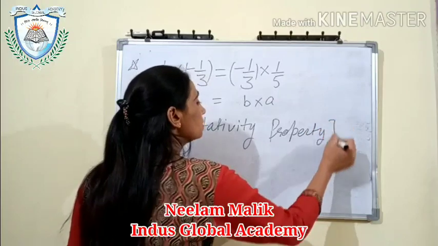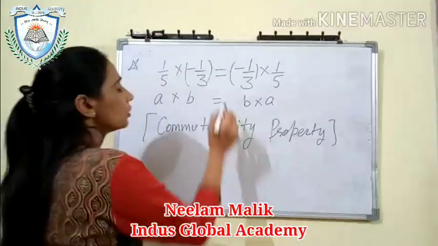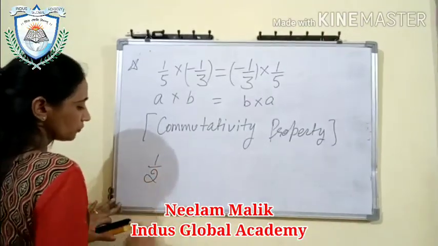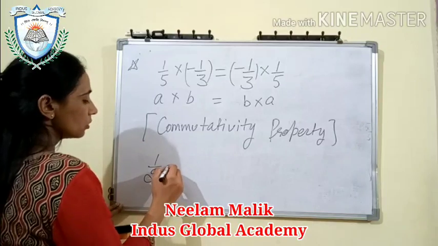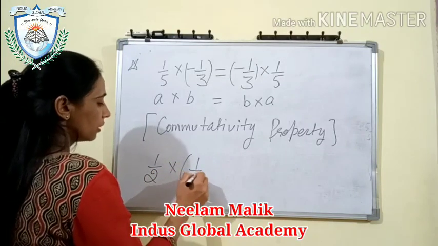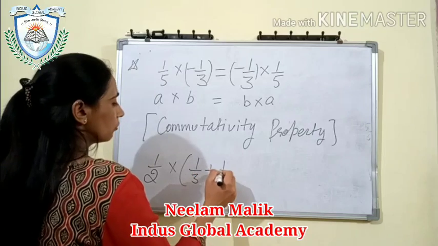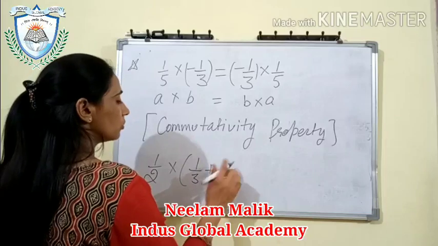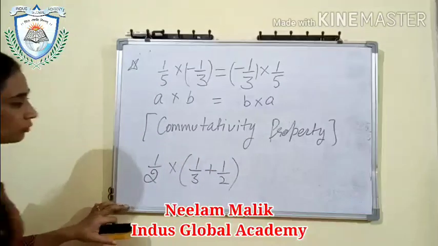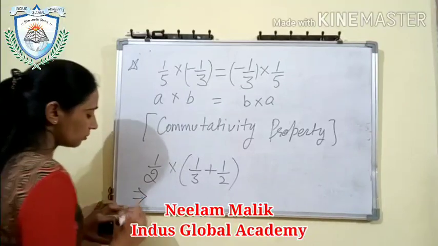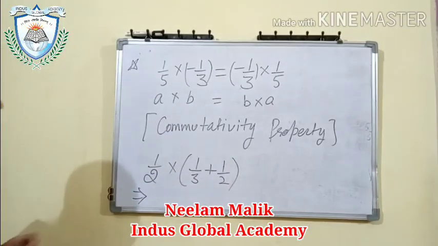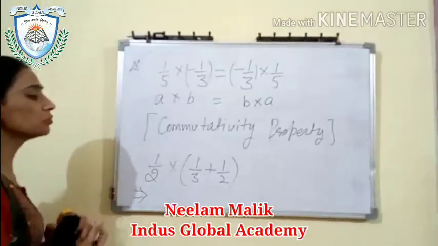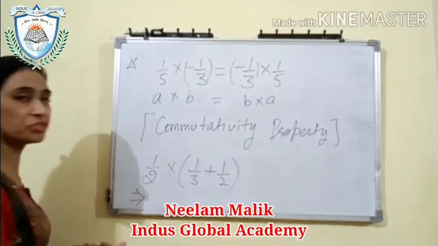Just recognize which property you will use in this. And suppose they give you 1 upon 2 multiply 1 upon 3 plus 4 upon 2. Okay, 1 upon 3. So if this is given, how can you rearrange this number so that you can solve this easily, or they can also ask to solve this with the help of the distributive law, or distributivity.